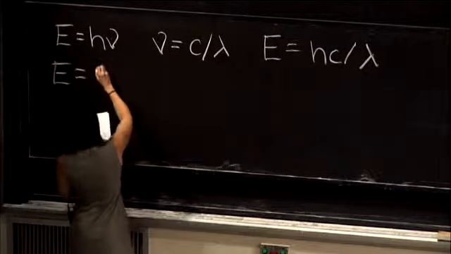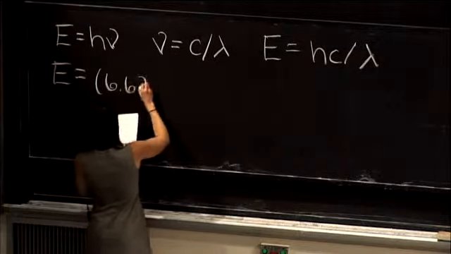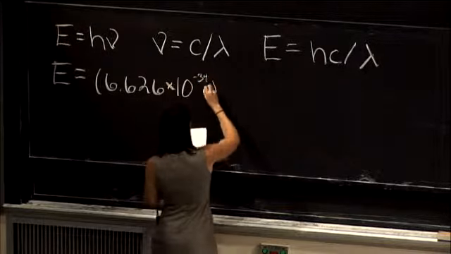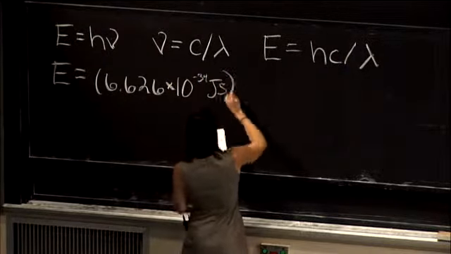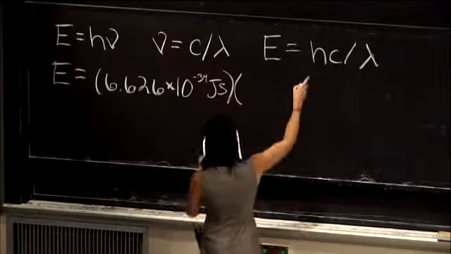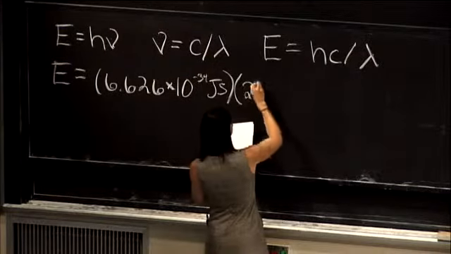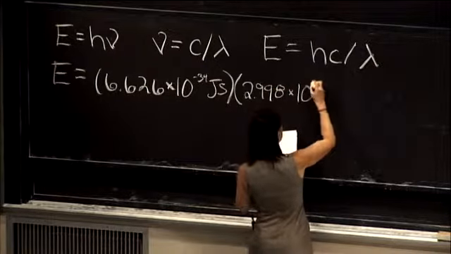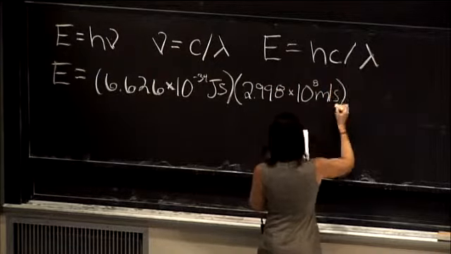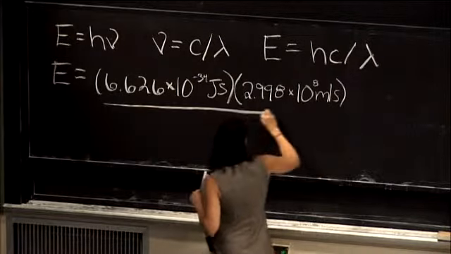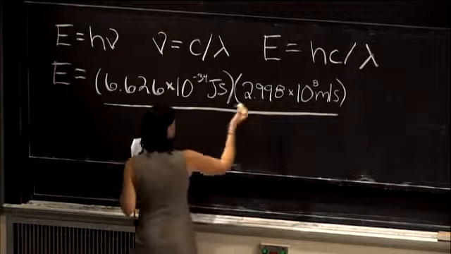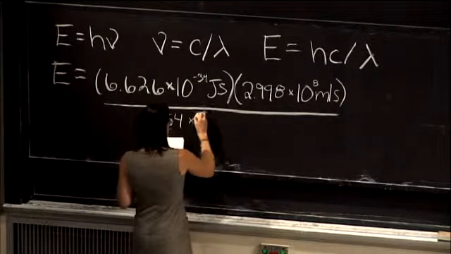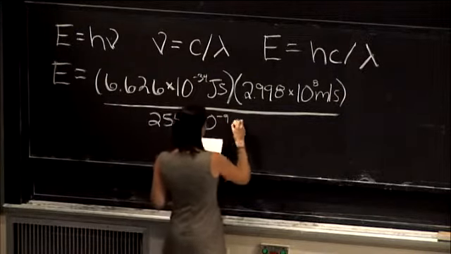That means our energy is equal to 6.626 times 10 to the negative 34 joules times seconds. And then we have c, the speed of light, 2.998 times 10 to the 8th meters per second. And we want to divide all of that by our wavelength. And to keep our units the same, we'll do meters. So that's 254 times 10 to the negative 9 meters.